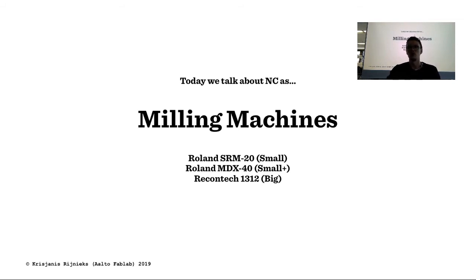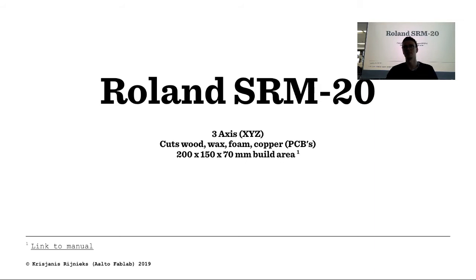We have a Roland SRM20, which is a small milling machine. It's actually now milling a printed circuit board. Then the Roland MDX40, which is a bit bigger, and then the Recontech 1312, which is quite big, so you can make furniture with it. Let's start with the Roland SRM20.